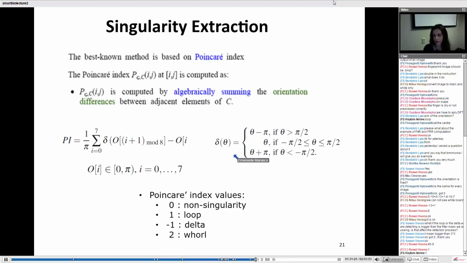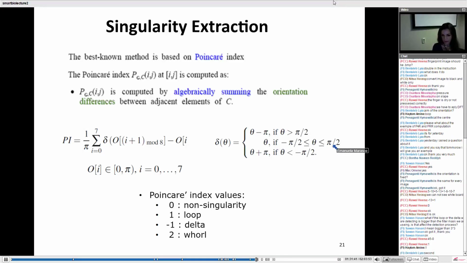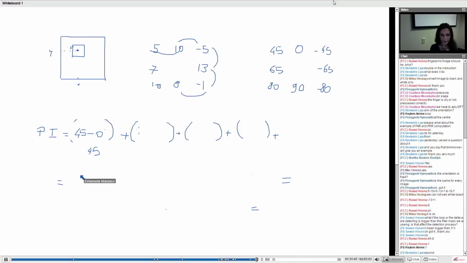So where are we? In the first, second, or third case? 45. So we are still in the second case, right? Minus 90, 90. So we can just use the value of 45 in the sum. 45.